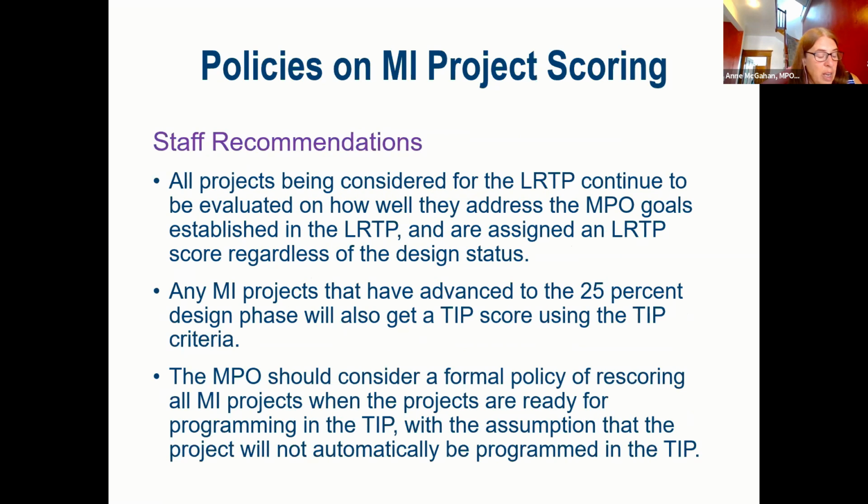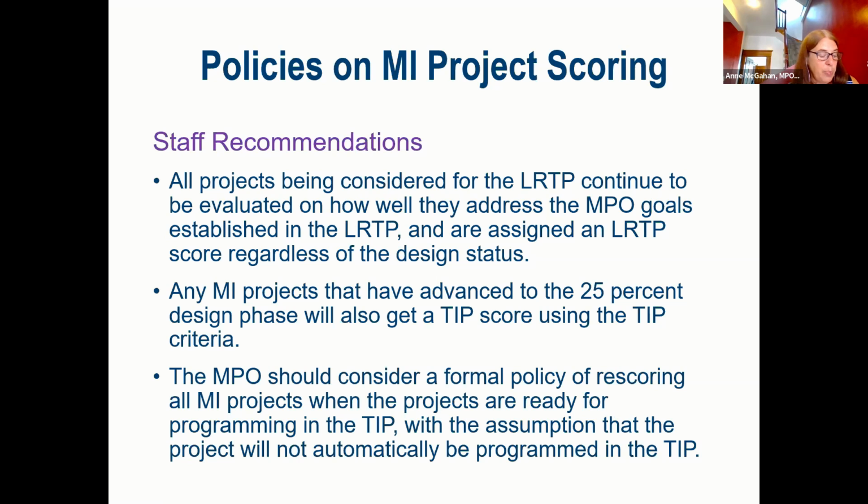So with this in mind, staff offered the following recommendations for discussion and consideration by the MPO board. First, staff recommended that all projects being considered for the LRTP continue to be evaluated on how well they address the MPO's goals established in the LRTP.